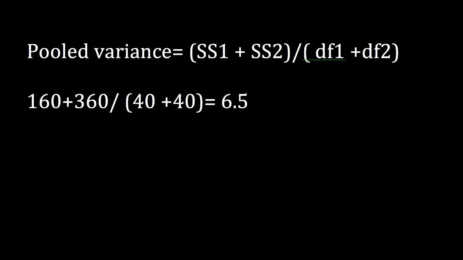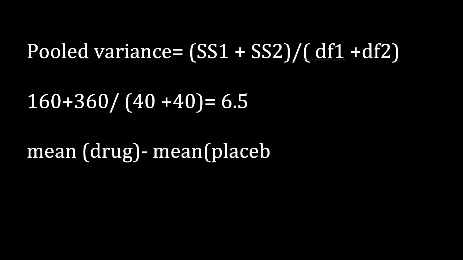Now we use the pooled variance in the t-test calculation, and I'm going to go over the calculation now. So the first part is you subtract the mean of one drug or one group from the other group. In this case it's a placebo. So that's the first step of calculating the t-statistic.